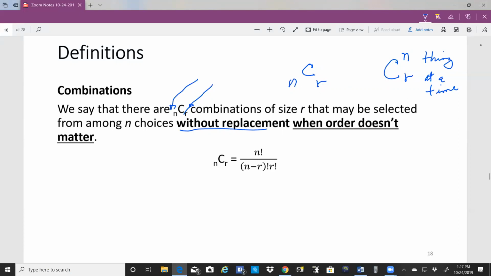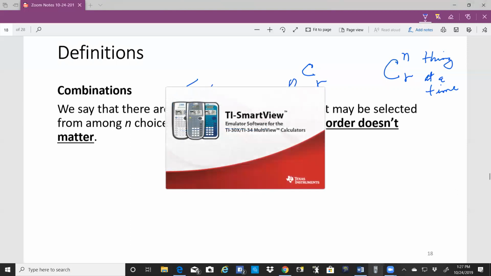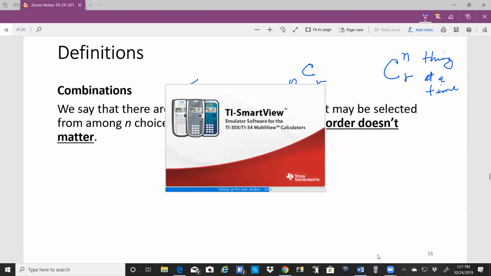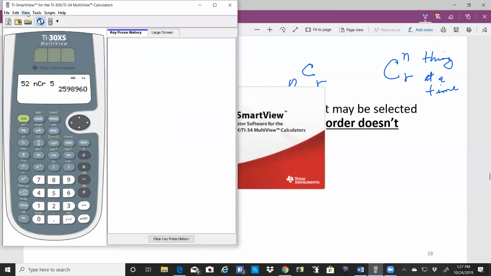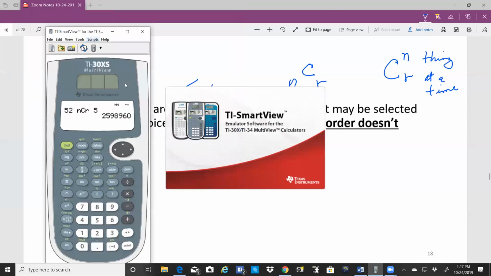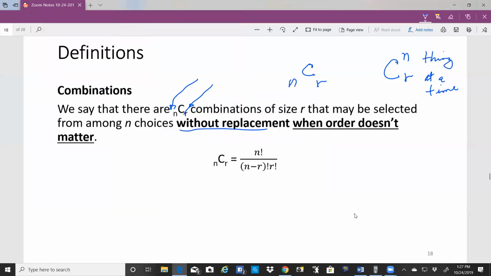Now, we do not have to actually do all the factorials, because if you've got the calculator here, I'm going to show you how to calculate combinations of n things taken r at a time. Let's say we want to do a combination.